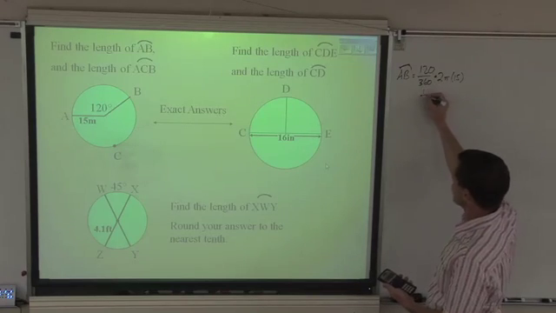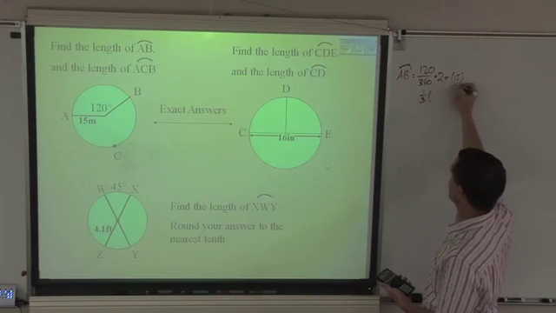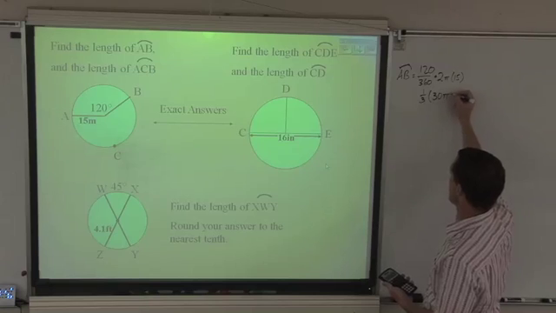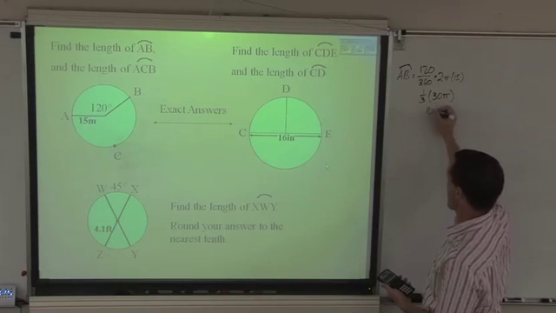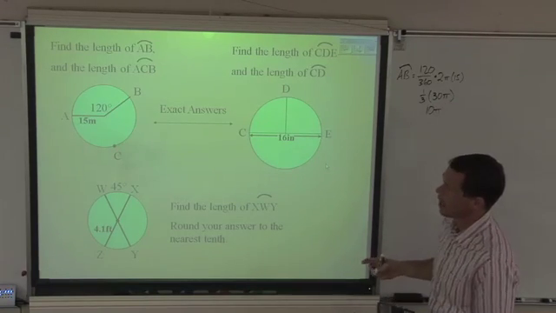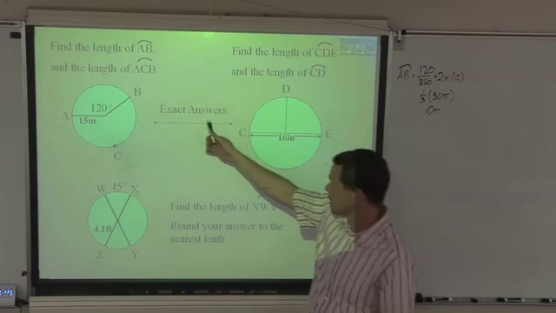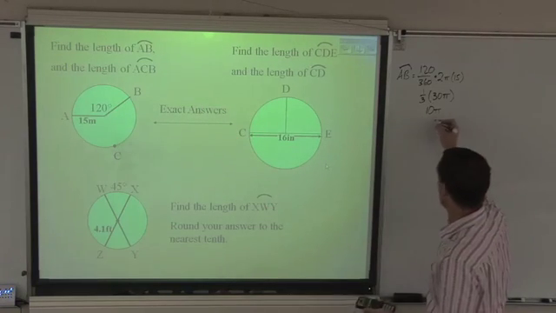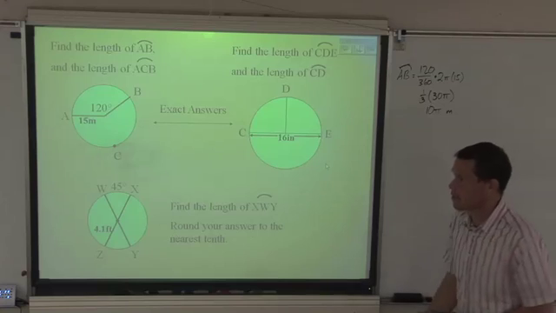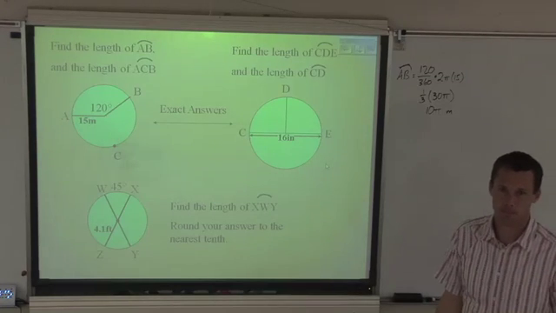Well, 120 over 360 is 1/3. 2 times 15 is 30 pi. And 1/3 of 30 pi is 10 pi. Now, if I want the exact answer, then I'm done. My arc length is 10 pi meters.